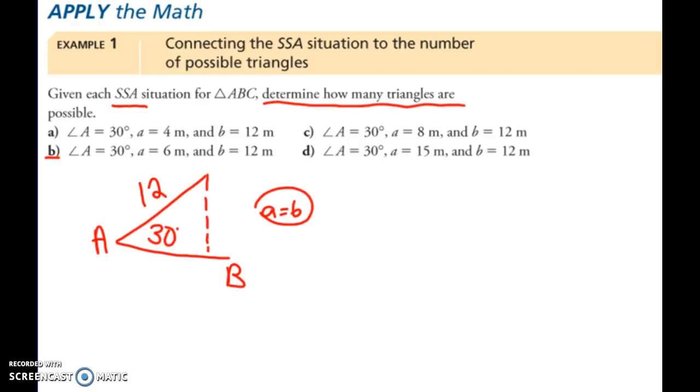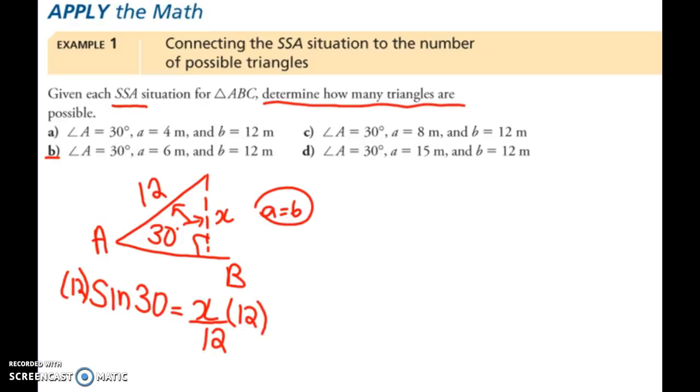Again, we want the height of this triangle, so we will set it up as looking for what the height would have to be to make this a right triangle. So this would be sine 30 is equal to opposite, which is x, over hypotenuse, which is 12. So when we multiply, again, we get 6 for our height.